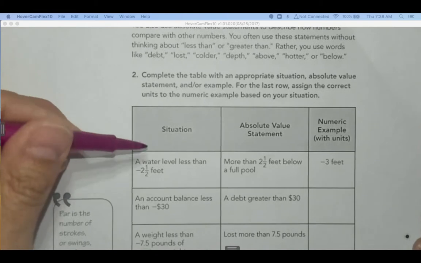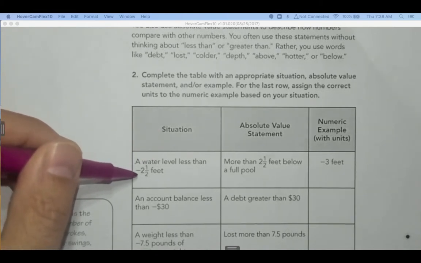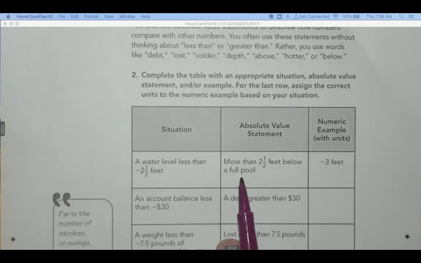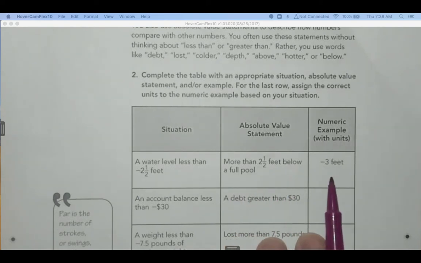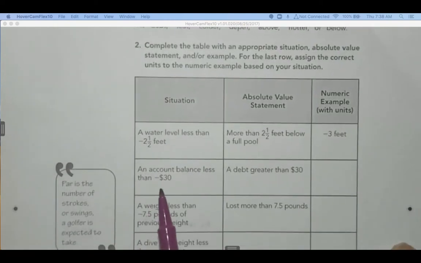So first we have a water level less than negative 2.5 feet, more than 2.5 feet below a full pool. And then my numeric example would be negative 3 feet. Okay.